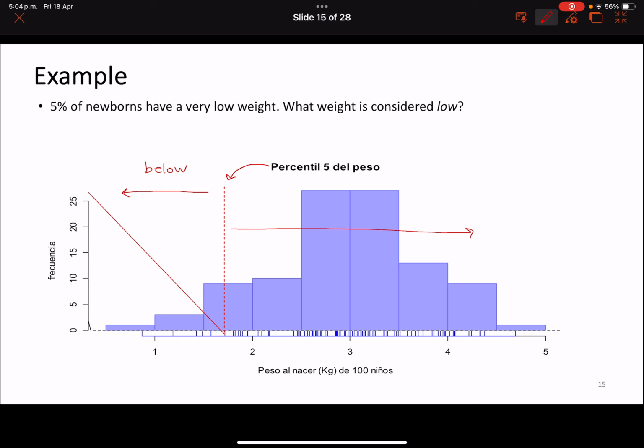So what weight is considered low? I can look over here at my weights. This is 1 kilogram. This is the middle one, so this would be 1.5 kilograms. So most likely I can approximate that a weight below 1.75 kilograms is considered low.